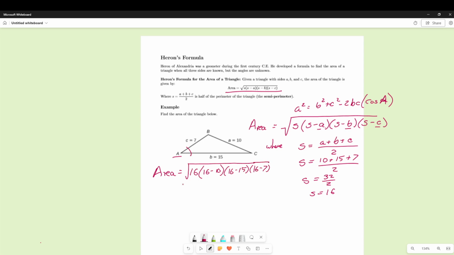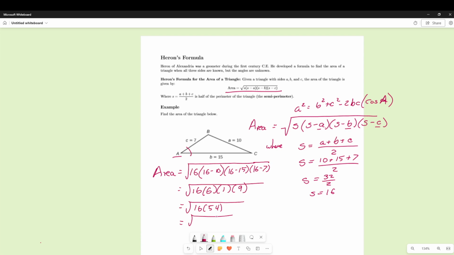Again, if you're curious why, look up the proof. So 16 times 6 times 1 times 9. So 16 times 54. I don't know what 16 times 54 is off the top of my head. That's 108 times 8, so 800.